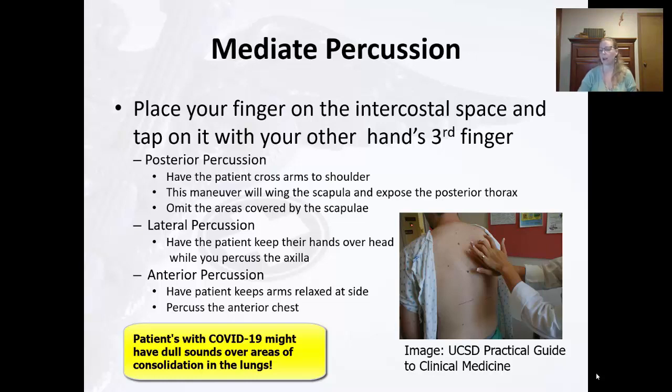Okay, so I find that this skill takes practice, so you have to do this a lot. Same thing with auscultation. A lot of people find that skill very difficult, and so it takes a lot of practice to determine whether or not you've got it. There are a lot of resources out there for you. On YouTube, you can find videos with vocal recordings so that you can actually hear what crackles sound like.